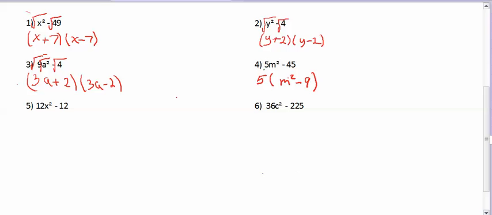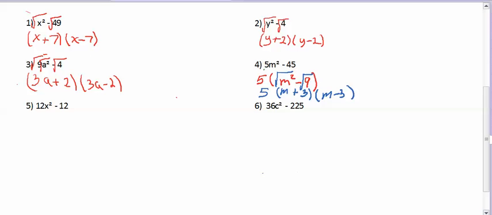Now I'm able to factor the difference of squares. I'm going to take the square root of m squared, which is m, take the square root of 9, which is 3, make this a plus, make this a minus, and then I'm going to keep that as a 5.